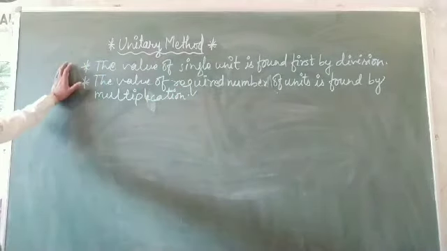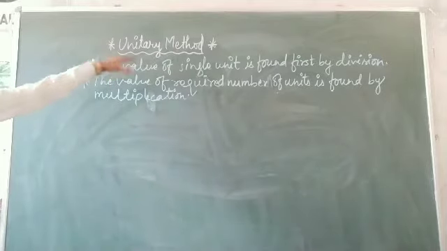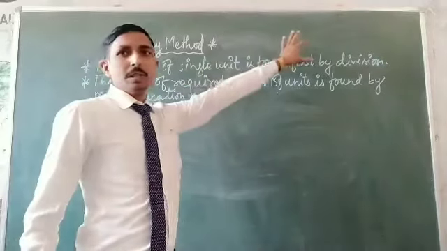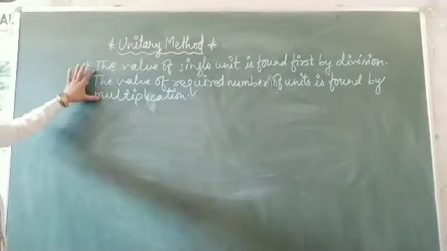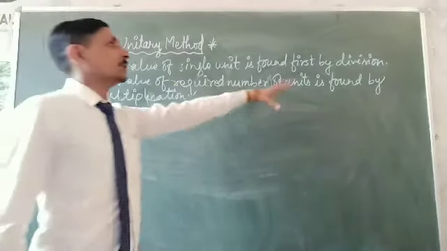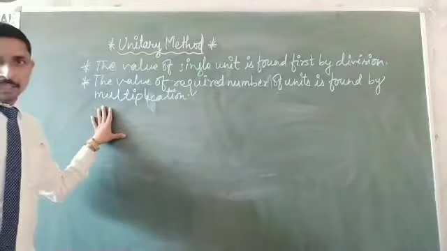So the process is, the value of a single unit is found by using division and the value of the required number of units is found by multiplication.